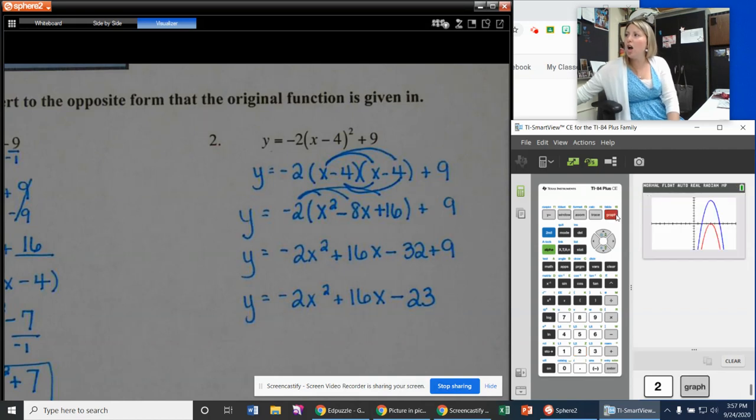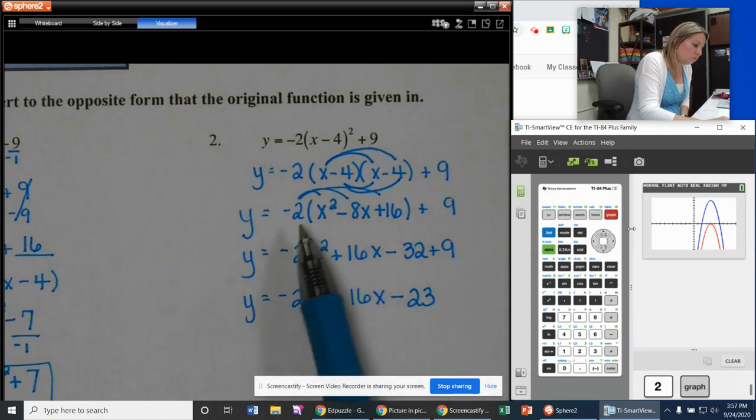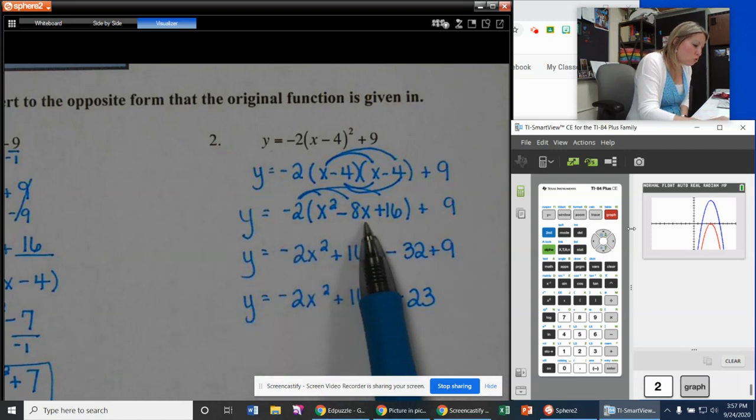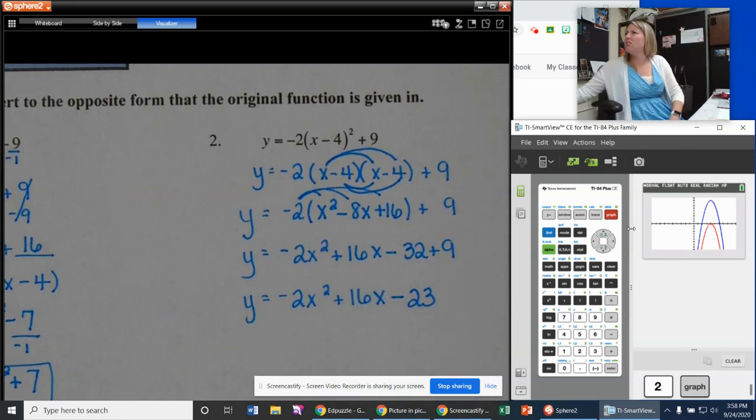And they should be, uh-oh, what'd I do wrong? See, now I know I did something wrong. Let's see what I did wrong. Maybe I really can't add, and I'm okay with that. It happens. Negative 23. Positive 16x. Is that what I typed in?